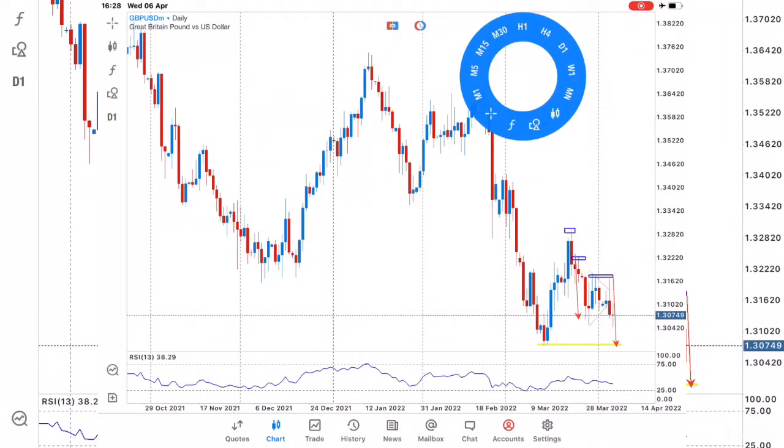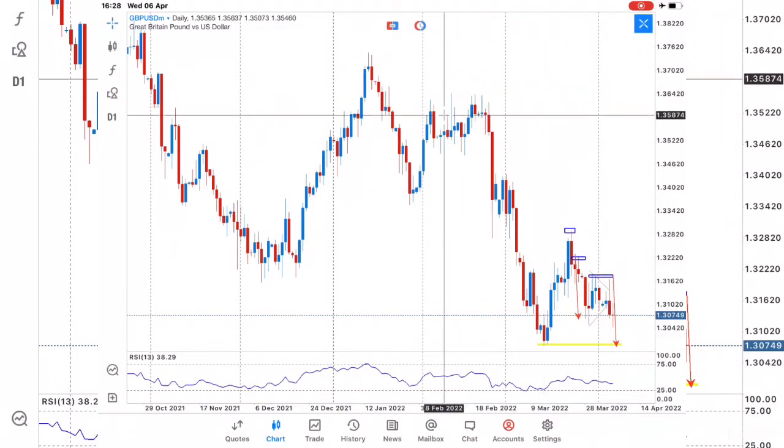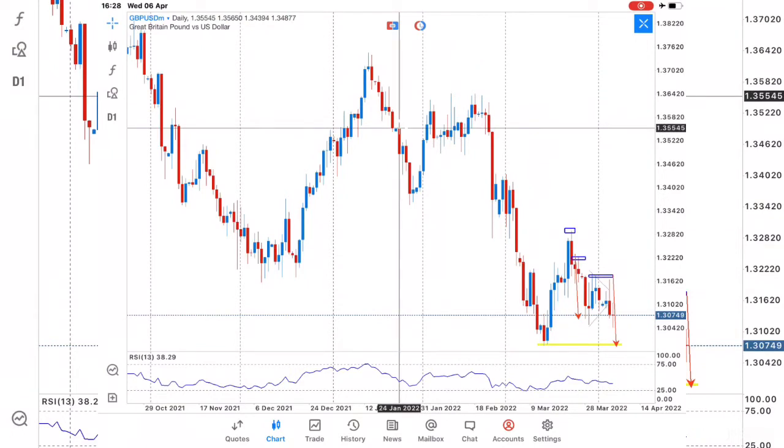Why do I look at the daily time frame first? I look at it so that I can have a direction of where price is headed on the smaller time frames. For instance, the 4-hour time frame, I have an idea now where the 4-hour is headed.